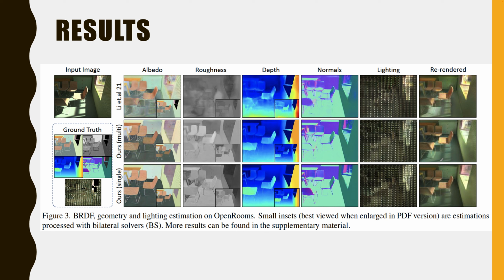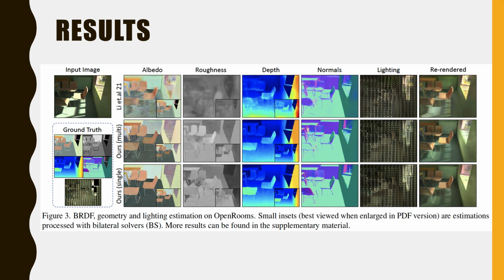So here what we have is a comparison on OpenRooms, which is the synthetic data set. And what you see is the albedo for previous work compared to their current work. They show it for the multi and the single approach. As you can see here, visually speaking, I would say that albedo is better estimated by the single approach.